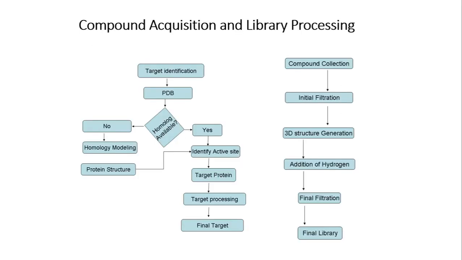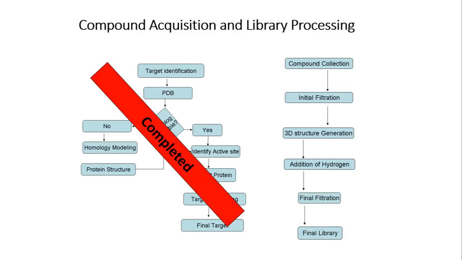So here is what our protocol was, and we are already done with how we identify the target protein, then how we obtain its structure. Either we obtain the structure from experimental databases like PDB, or we can generate the model using homology modeling.